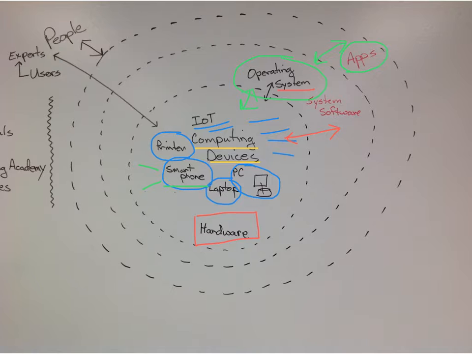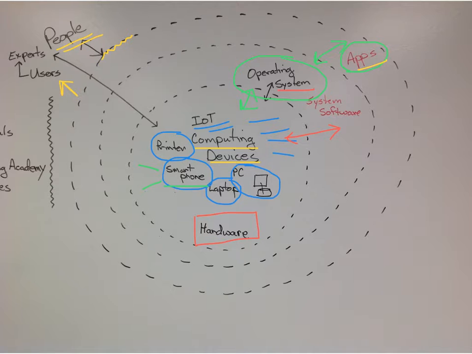Then I asked the students what's the most important part here, and I am going to argue that people are. We have people that are users, and really they just want to work with the app. They just want to be able to text on their phone, social media, all those things you do on your phone, or the things you do on a computer.